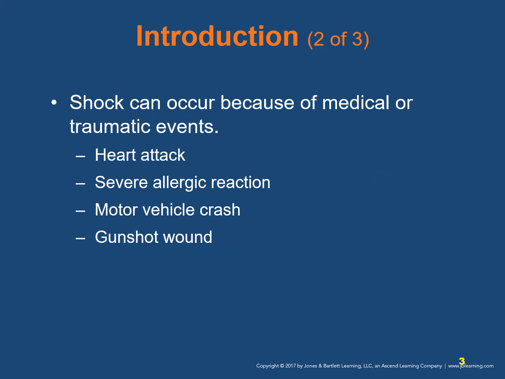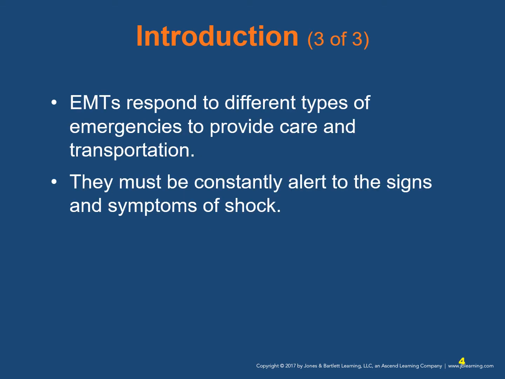Shock can occur because of medical or traumatic events, such as heart attack, severe allergic reactions, motor vehicle crash, or gunshot wounds. EMTs respond to different types of emergencies to provide care and transportation. They must be constantly alert to the signs and symptoms of shock.